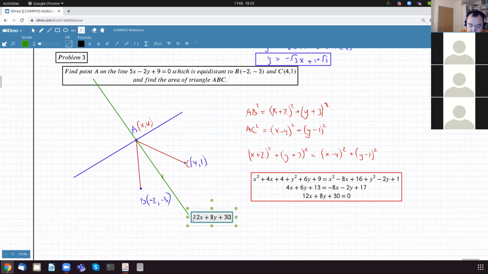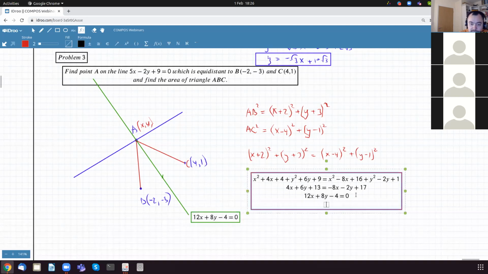So this line has equation 12x plus 8y plus 30 equals 0. Can we simplify it? Yes, minus 4, of course. Thank you. I'm glad that you're paying attention.